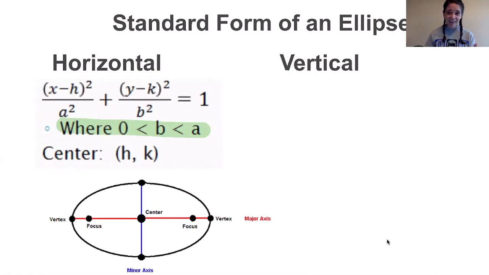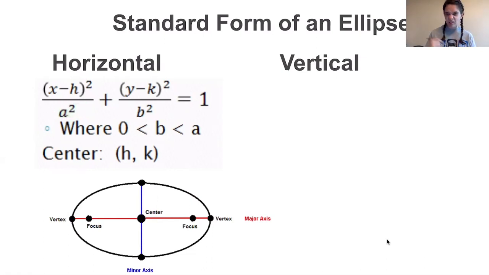But a is the bigger number. And since a is the bigger number, and in this case, it's underneath the (x minus h) squared, that is what's telling us that this is a horizontal ellipse. When the x squared has the bigger denominator, we are a horizontal ellipse.